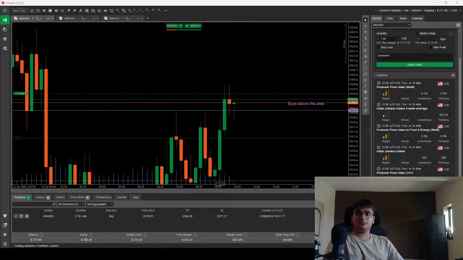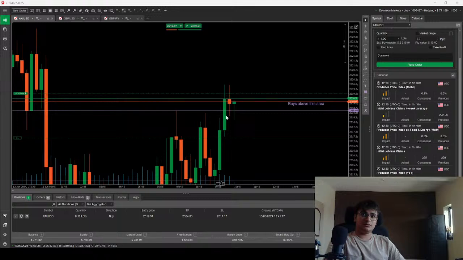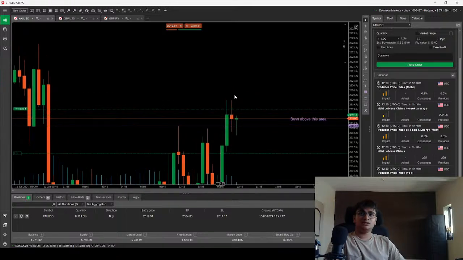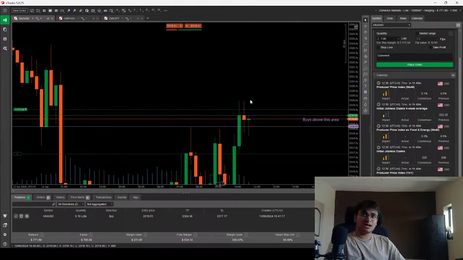If you're not here, then just, as I explained before, the price can break the lows and flip and go above. So now what we need is, if this candle does break the highs, then we need this candle to close at least above these highs. Then I think that's more confirmation that price will go up.